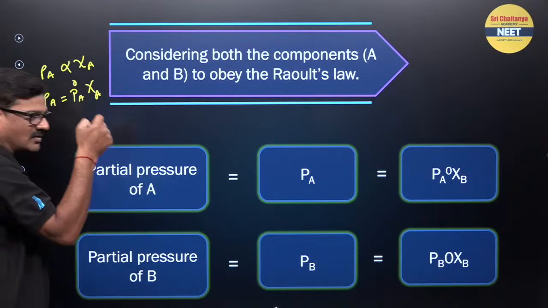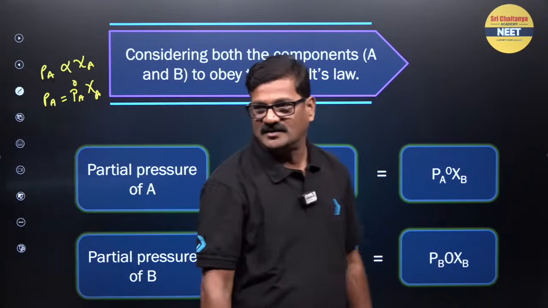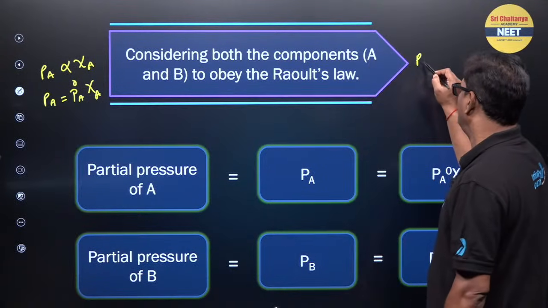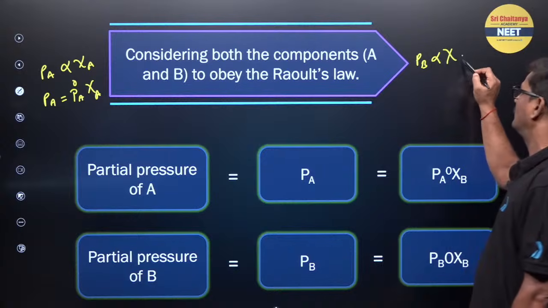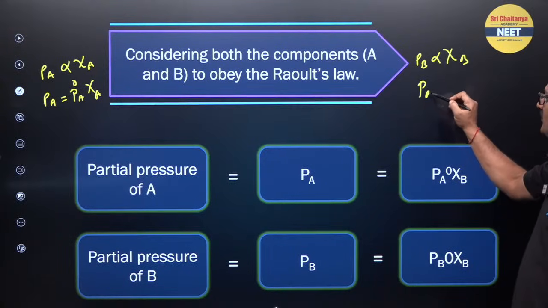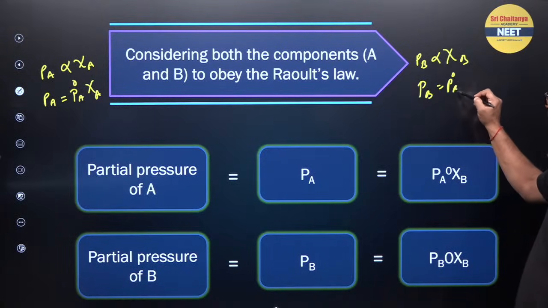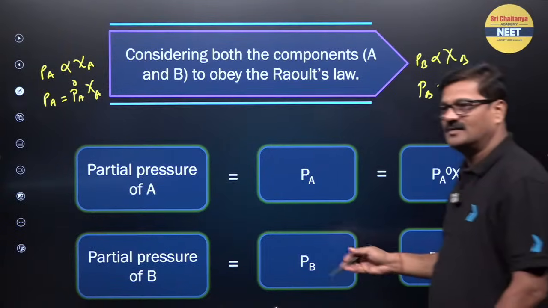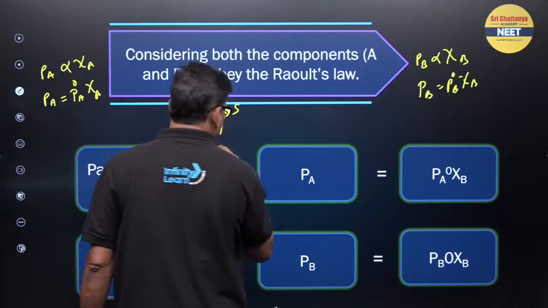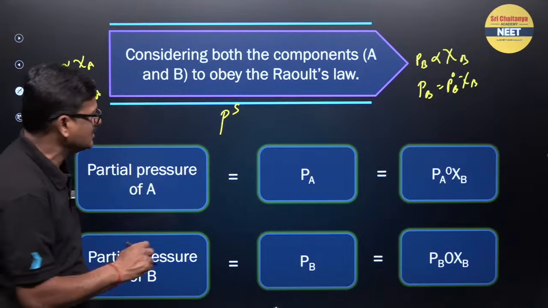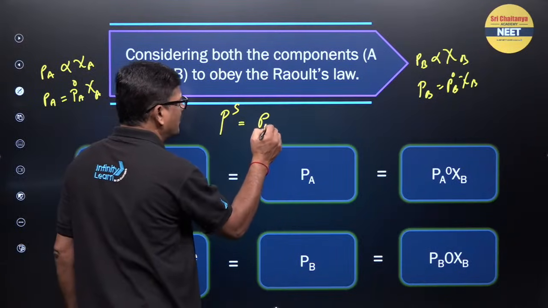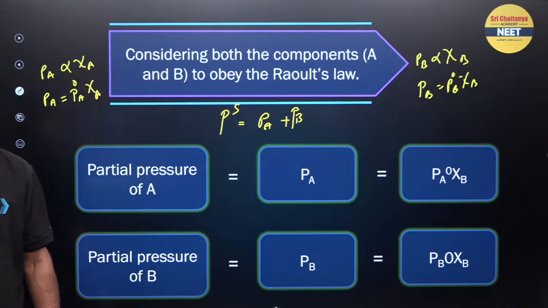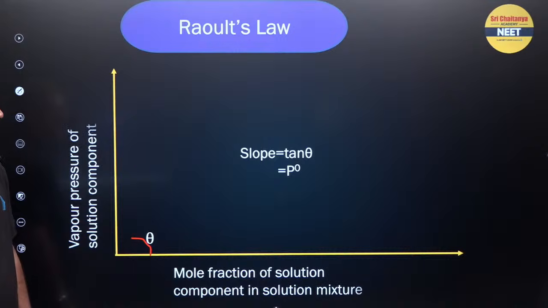You see, P°A is always constant, whatever the condition may be. Similarly, PB is directly proportional to the mole fraction of B, and PB = P°B XB. And when these mix together, PS, the solution vapor pressure, is equal to PA + PB.